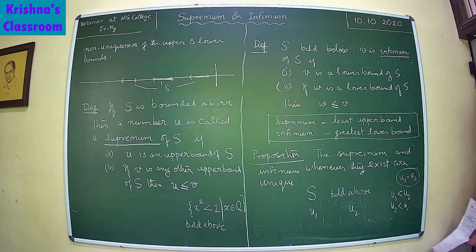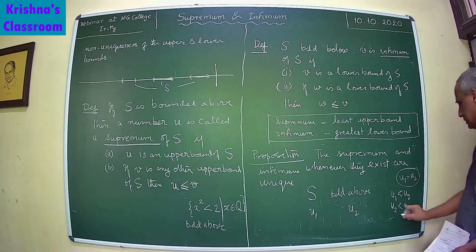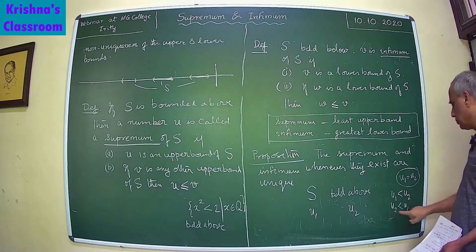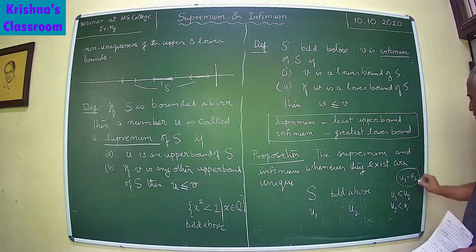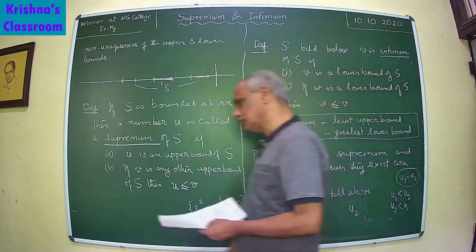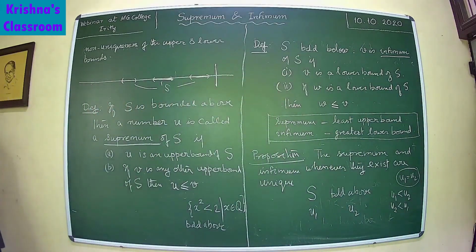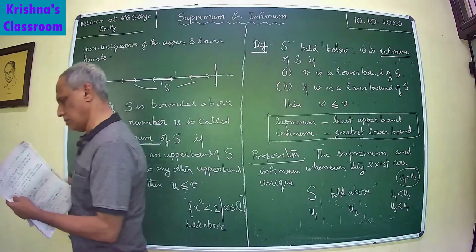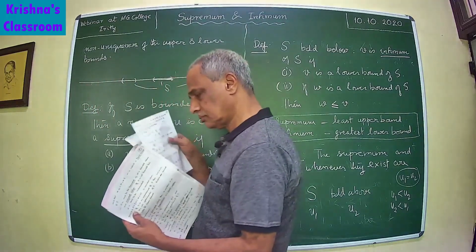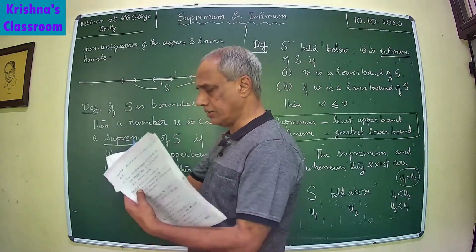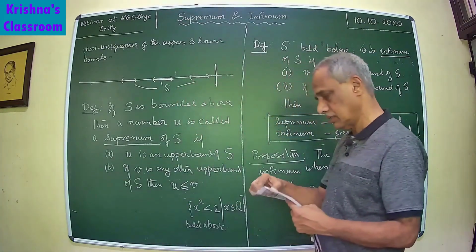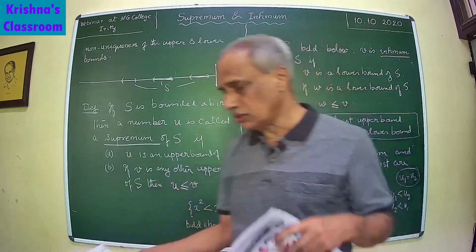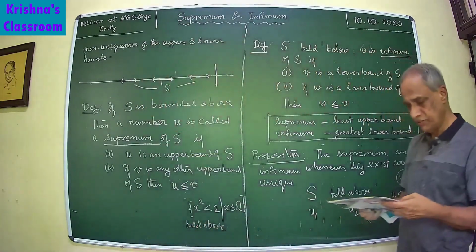So it doesn't satisfy its second criterion. If you interchange the roles of 1 and 2, then you get the other result. So the only possibility is that U1 is equal to U2. Likewise, you can show that if the infimum exists, then the infimum is also uniquely determined. So we have the uniqueness of the supremum and the infimum.